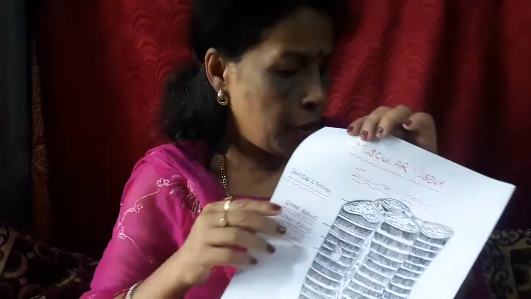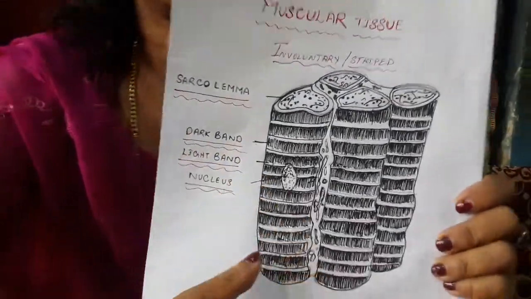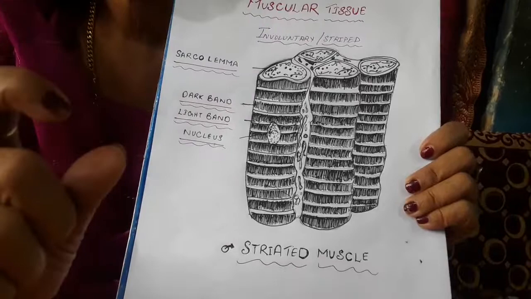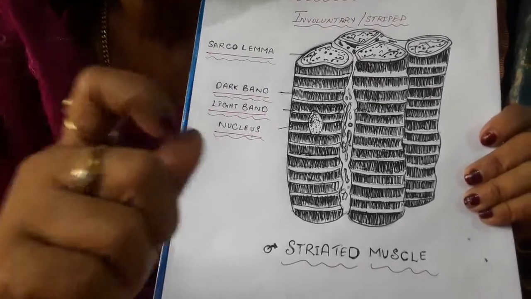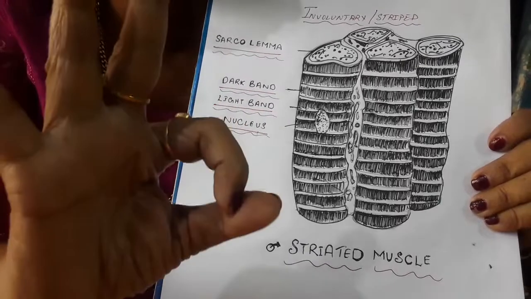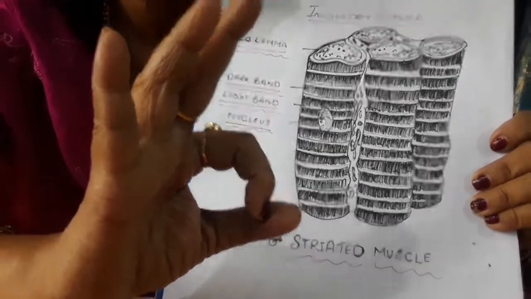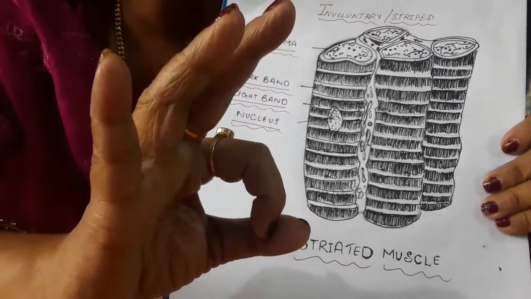Next we come to another type of animal tissue, that is muscular tissues. Muscular tissue, from the name itself, is muscle tissue consisting of a number of muscle cells and fibers which are called myofibrils. There are 3 types of muscular tissue: striated muscles, unstriated muscles, and cardiac muscles.